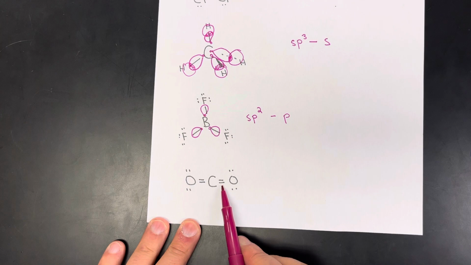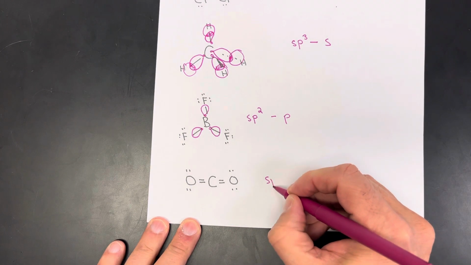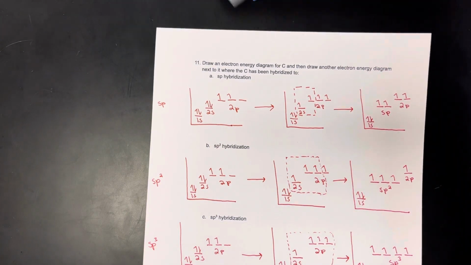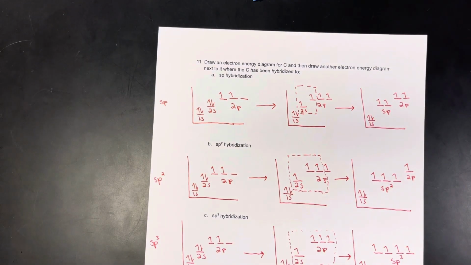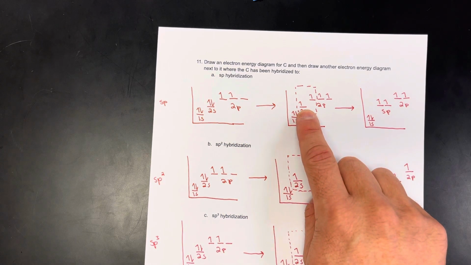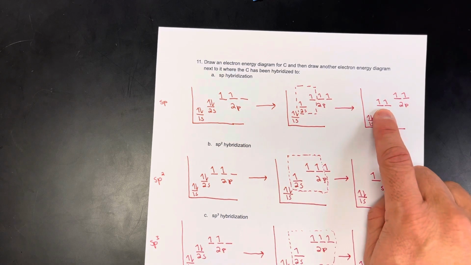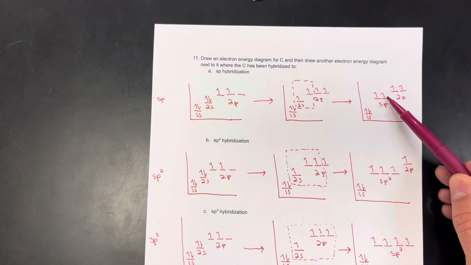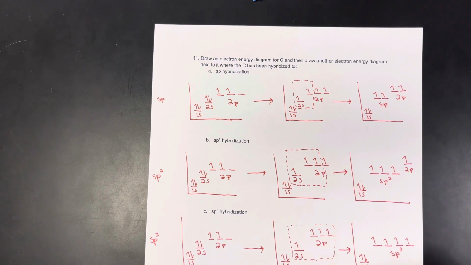There are 2 domains, so that means it's going to be an sp hybrid orbital. Let's take a look at what the hybridization of carbon looks like when it's sp. It's just going to grab 1 s and 1 p, and these 2 electrons, right here and right here, are what occurs on the internuclear axis.